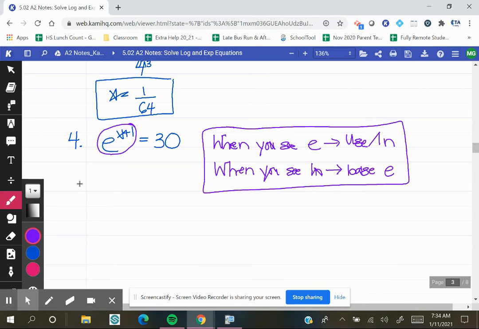So here we have an e, so instead of taking the log of both sides, I'm going to take the ln of both sides. So the ln of e to the x plus 1 equals ln of 30.